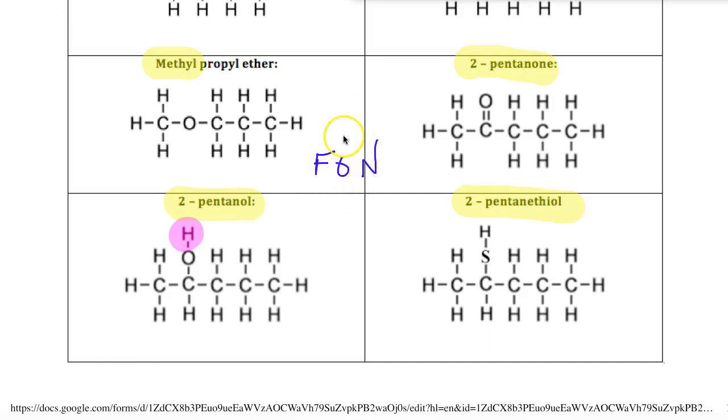We have FON with H bonding. So when an H is bonded to these three elements only, do we create a scenario where the electron pair are held so closely to these very electronegative atoms that what's really being dangled out here is a positive proton?